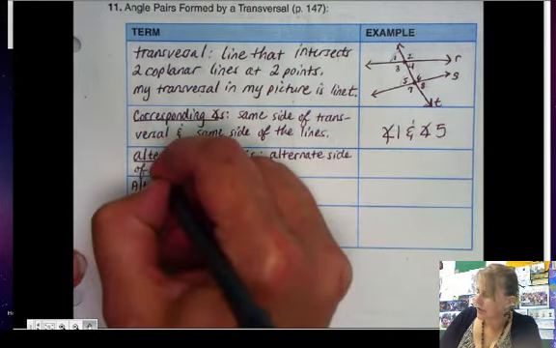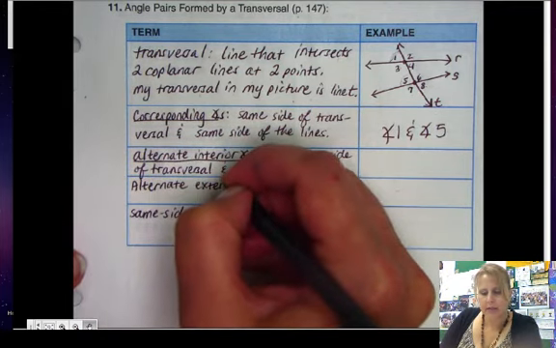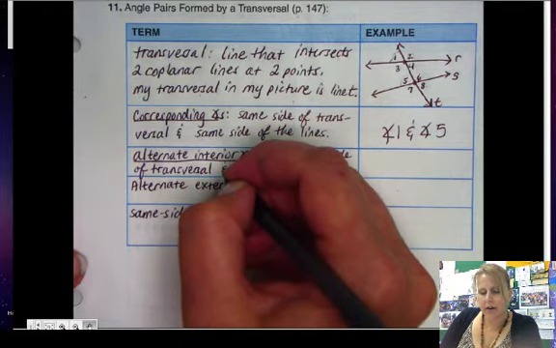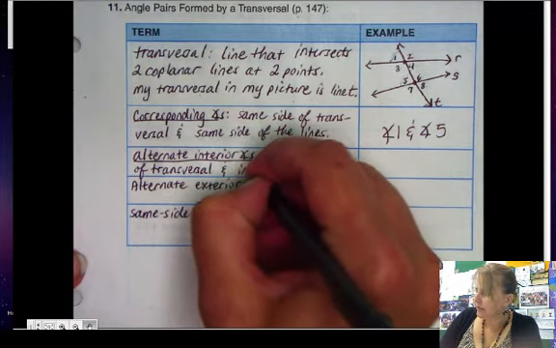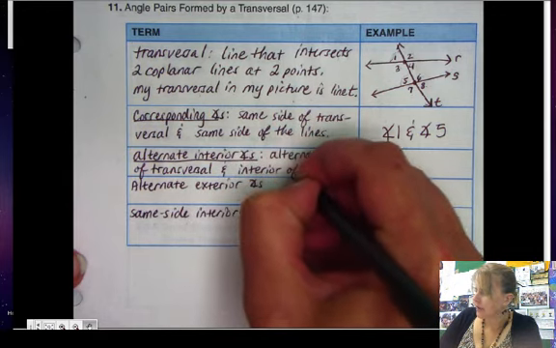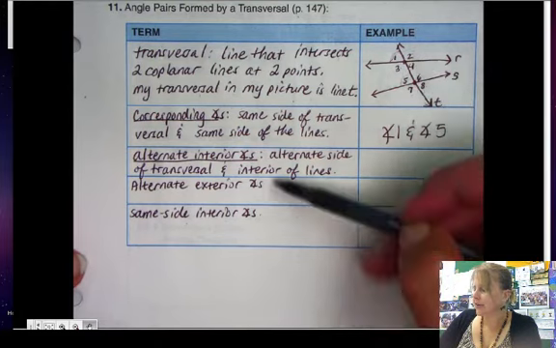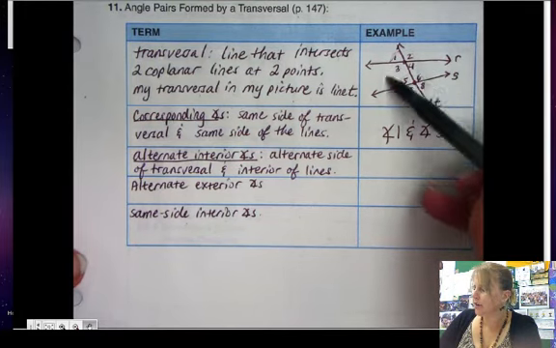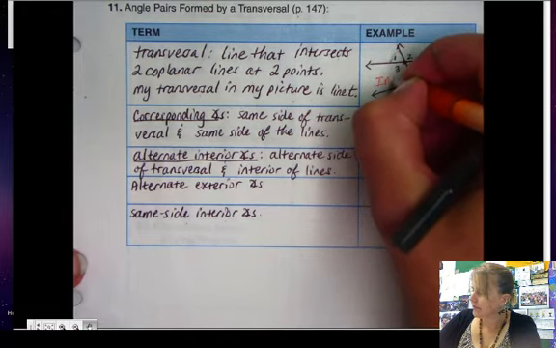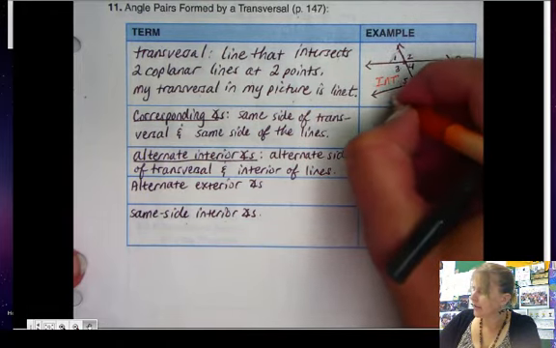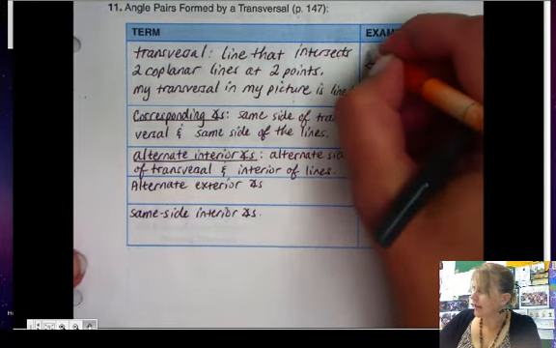Alternate interior angles are on alternate sides of the transversal, and they are both interior of the lines. So opposite sides and interior. So interior angles are 3, 4, 5, and 6. These are interior. And then exterior is here, up here, and here.